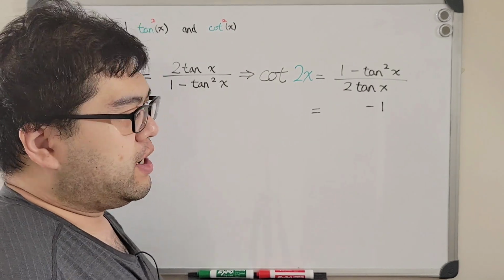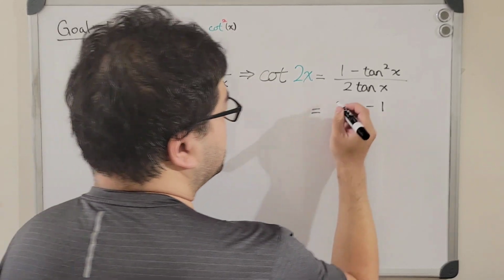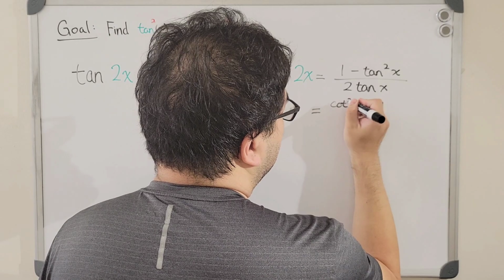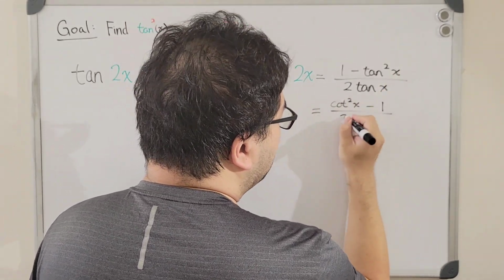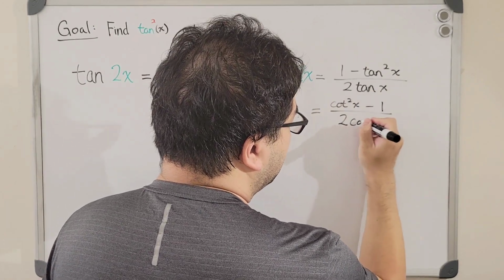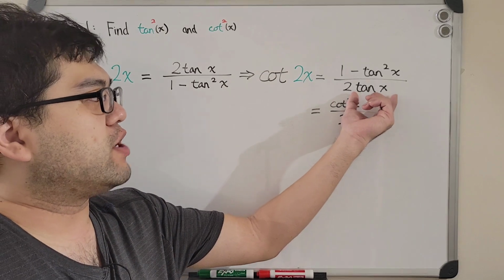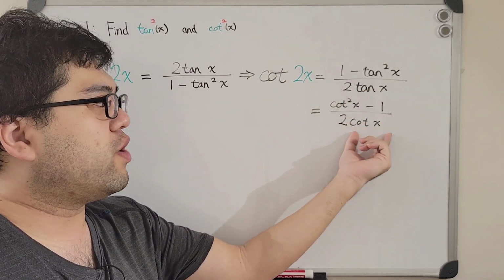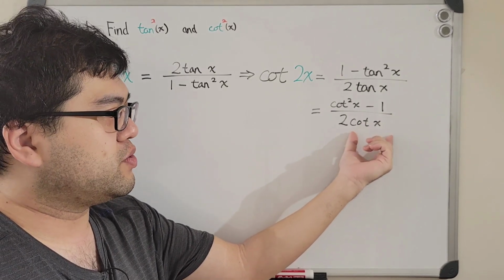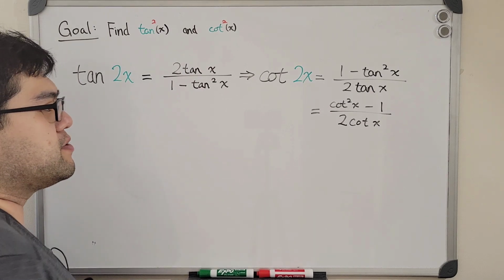But again, 1 over tangent is just cotangent, so we end up with cotangent square of x minus 1 all over 2 times cotangent of x. Because we're dividing by 2 copies of tangent, 1 copy cancels out, and we still have 1 copy remaining in the denominator, so we have 1 over tangent, which is again equal to cotangent.